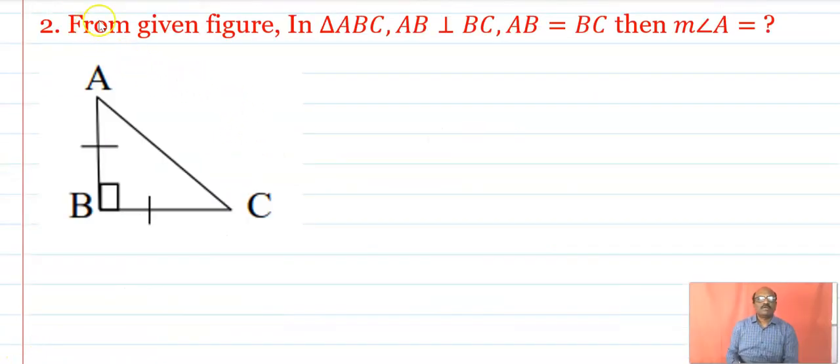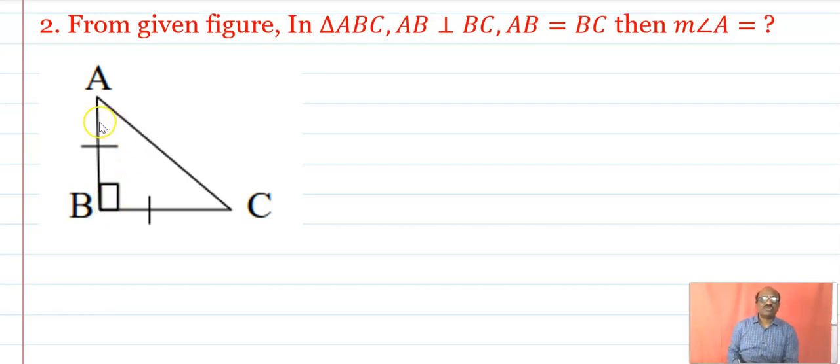Now here, from the given figure, in triangle ABC, AB is perpendicular to BC, AB is equal to BC. Then what is the measure of angle A? Triangle ABC is a right angle isosceles triangle. Measure of angle B is 90 degrees.